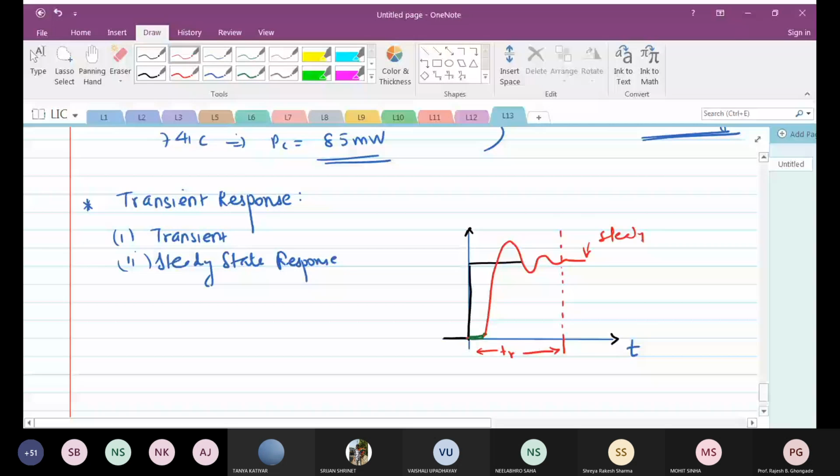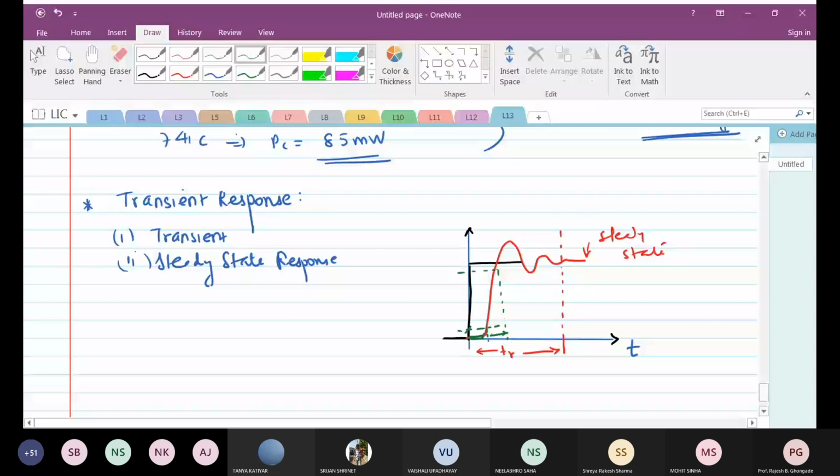In that, what we normally do is find what is called the rise time. This is the 10% value; the time taken to rise from 10% to 90% of the value we call the rise time TR.